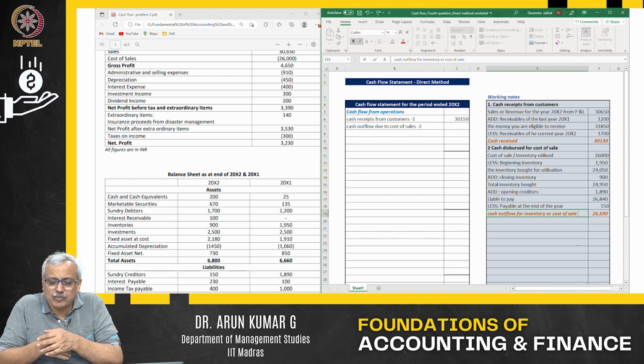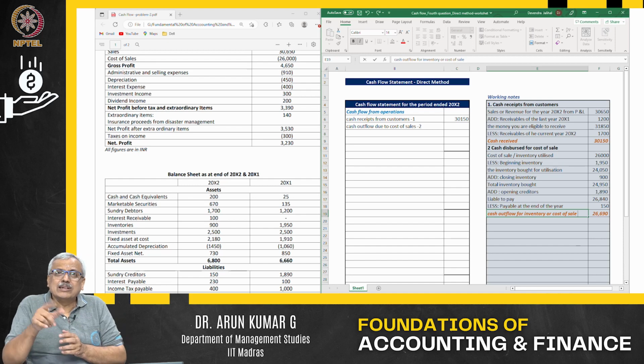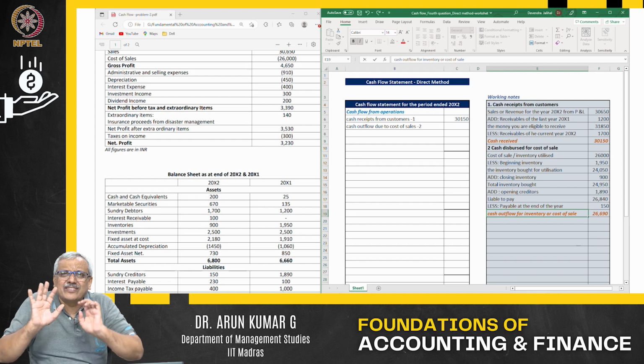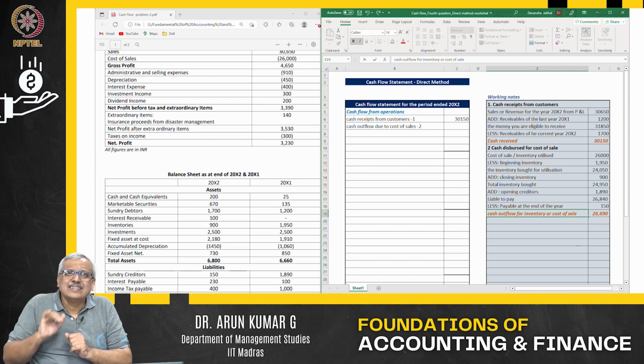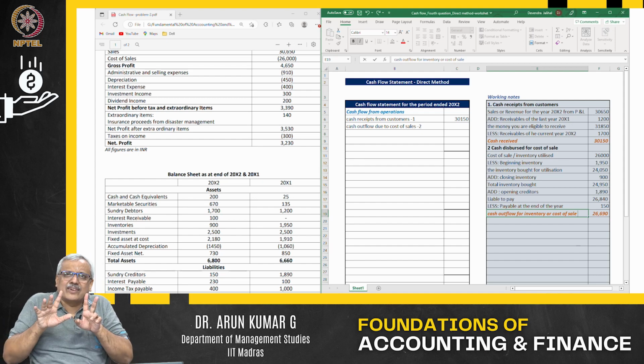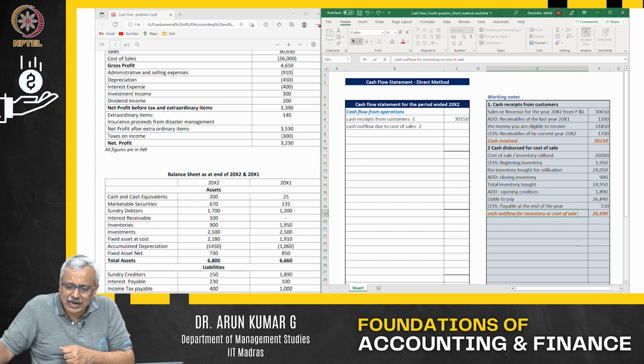That is the total amount that you are liable to pay. How much have you paid? The money that is yet to be paid at the end of the year, I subtract from the money that I am liable to pay. That is what I have basically paid.